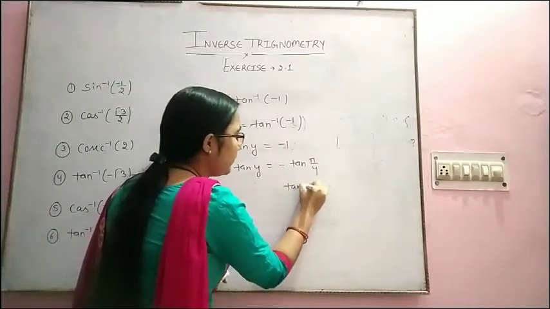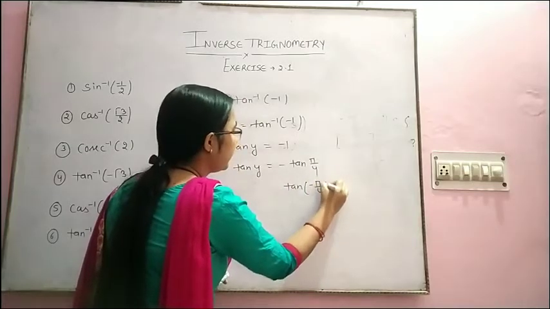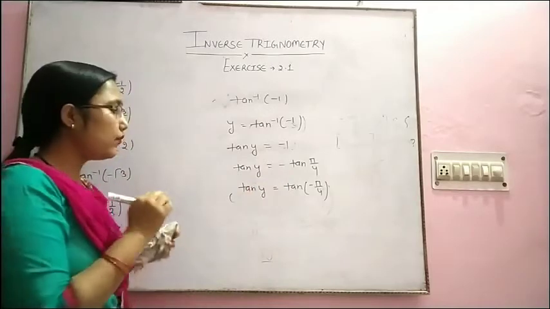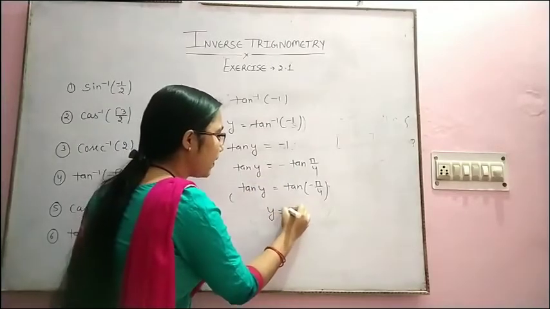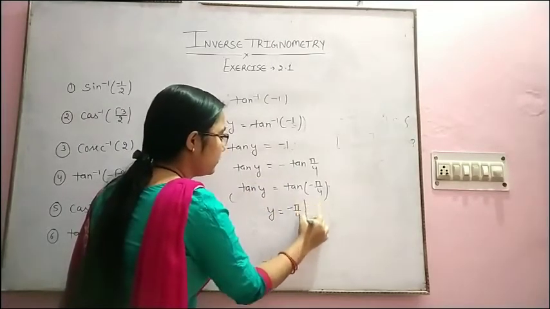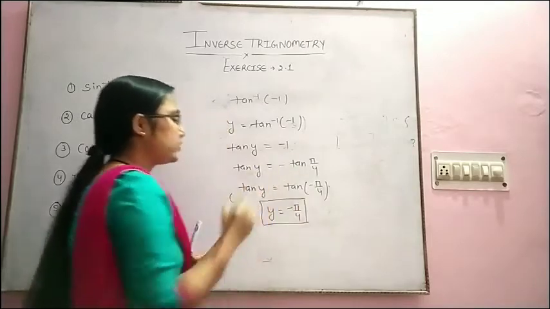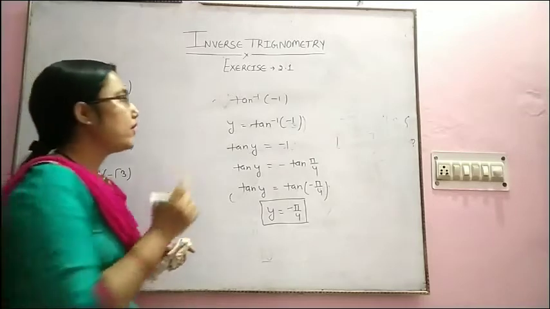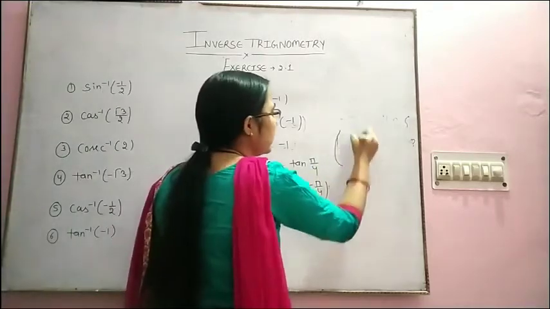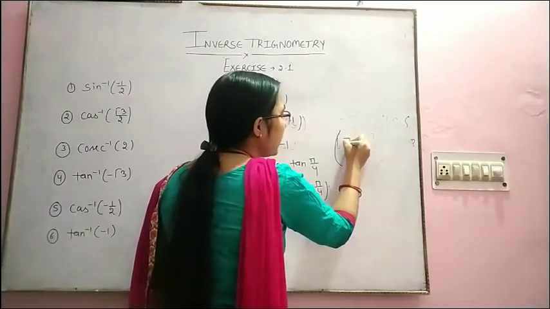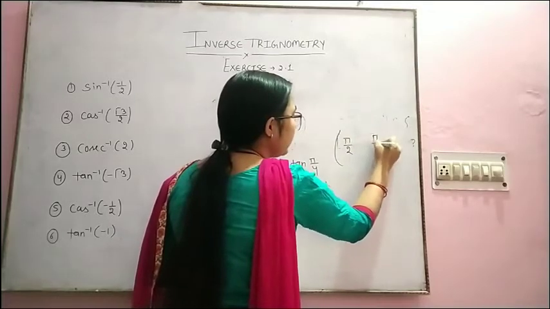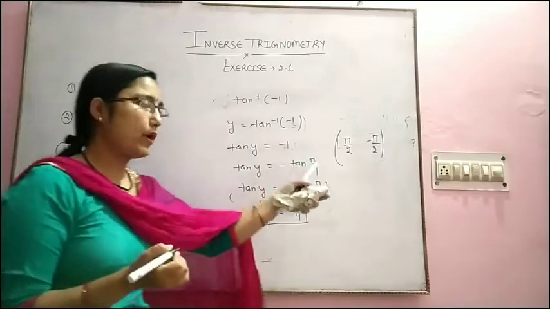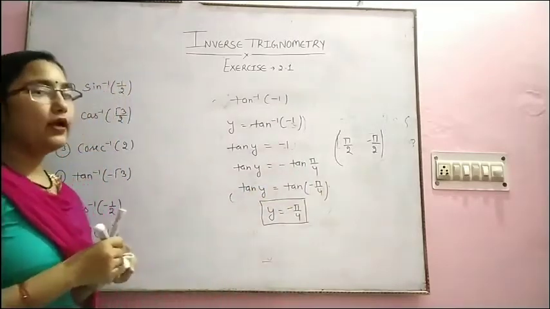So this is tan minus theta equals tan y. By comparing, we get y equals minus pi by 4. And check, is this value within the given interval? Yes, correct. For tan inverse, the interval is open, pi by 2 to negative pi by 2. And minus pi by 4 lies between pi by 2 and minus pi by 2.